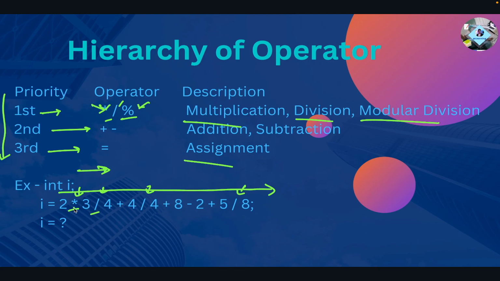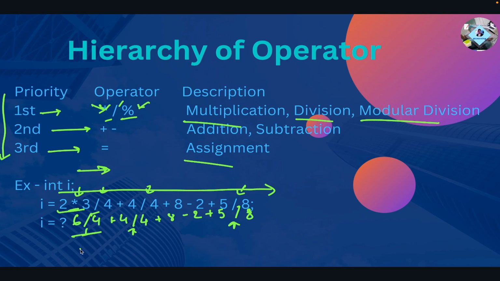Okay, so first this is in the left position, so we have to evaluate this, right? So this will be 6 divided by 4 plus 4 divided by 4 plus 8 minus 2 plus 5 divided by 8. So now we have divisions, this one, this one, and this one. First of all we will do the left one, because of left to right associativity.